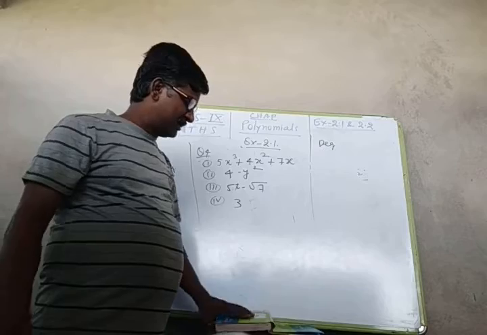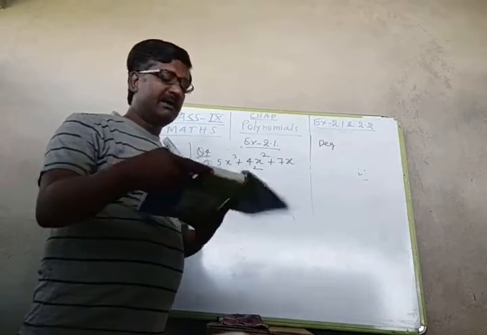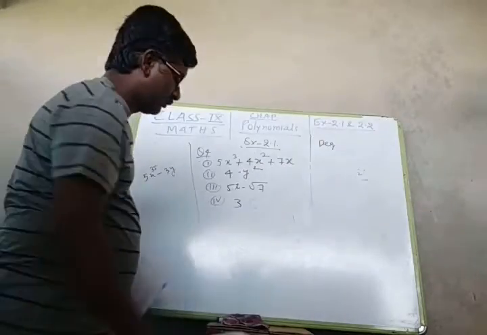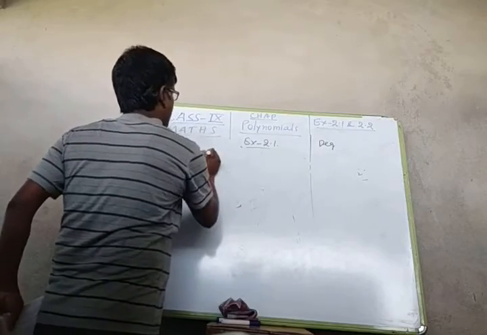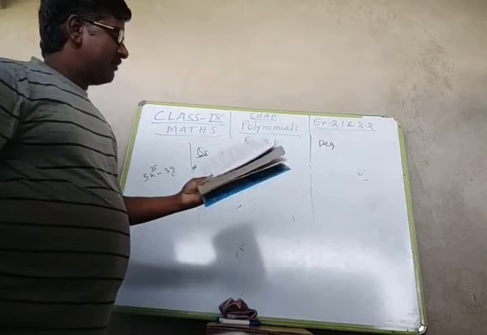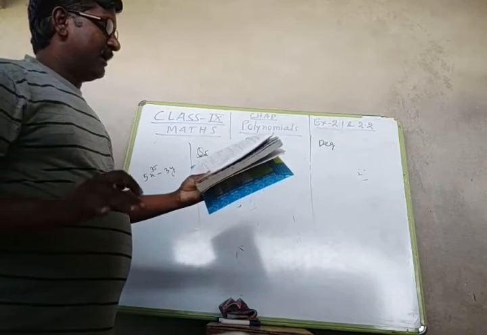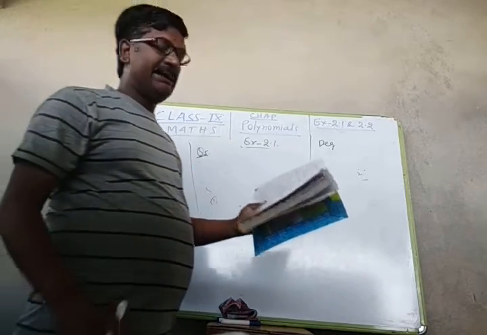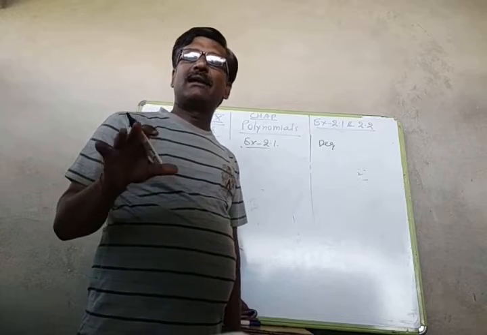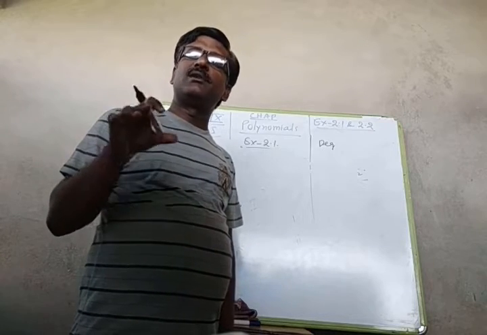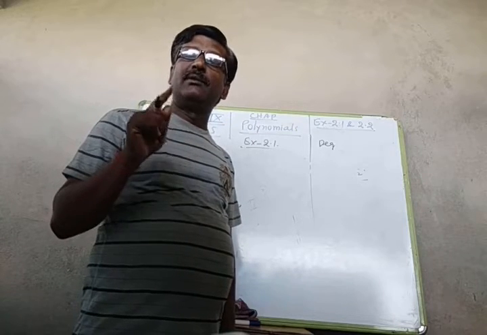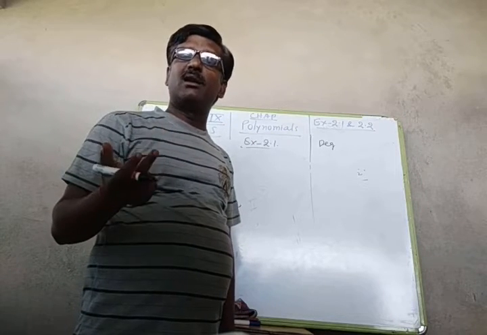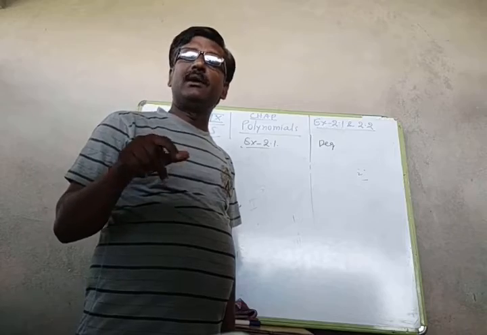And next is question number 5, the last question of this exercise 2.1. The question is: classify the following as linear, quadratic, and cubic polynomials. Linear, quadratic, and cubic are the types of polynomials on the basis of degree. In which degree is 1, that will be linear. In which degree is 2, that will be quadratic. In which degree is 3, that will be cubic.